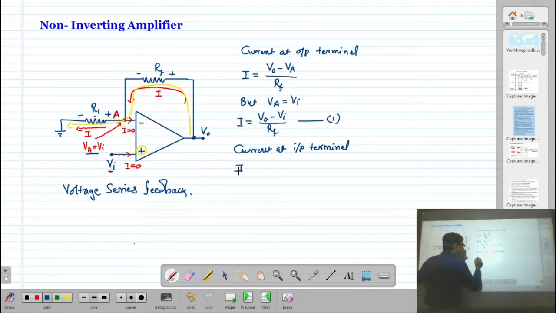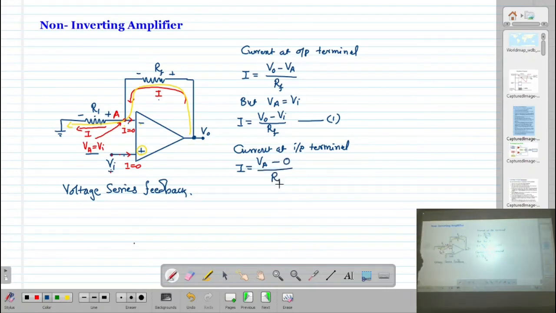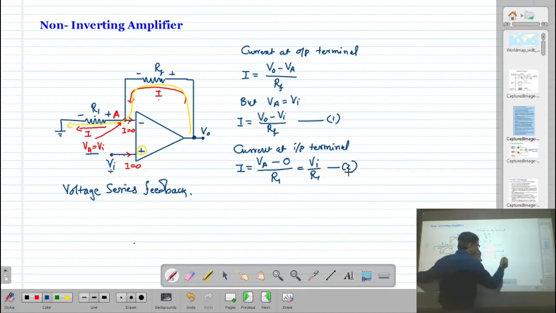So here I will be equal to the potential across R1, which is VA minus 0, divided by resistance R1. Because this point is connected to ground, so it is 0. And VA is VI, so I is VI by R1. Equation number 2.